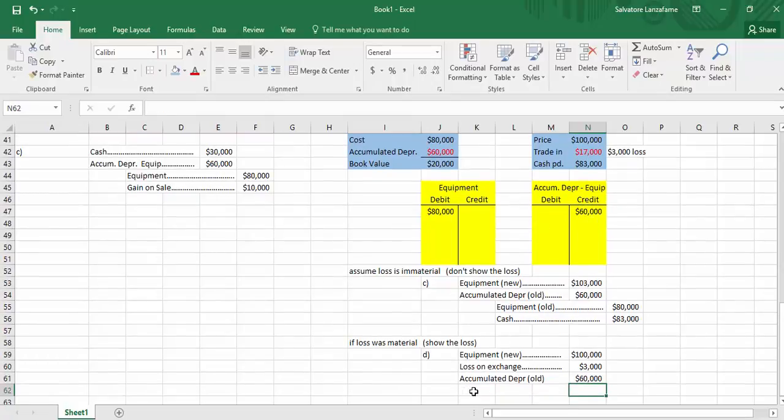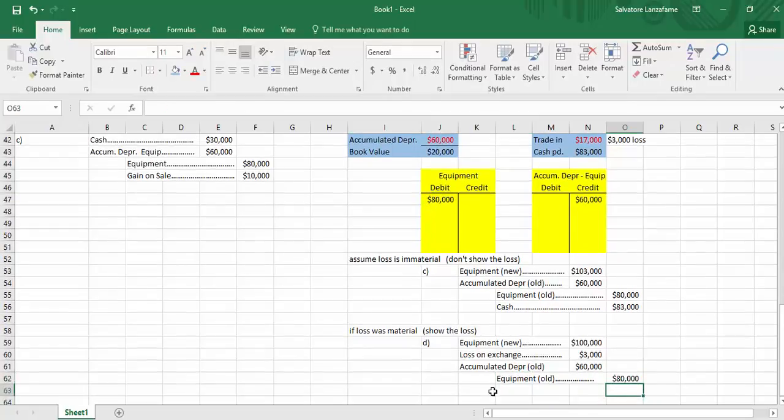The old equipment, oops, I'm supposed to, yeah, sorry about that. So now let's get rid of the old equipment. And the old equipment is on the books at $80,000. And now I've got a credit to cash. And the cash is how much we paid, 83,000.